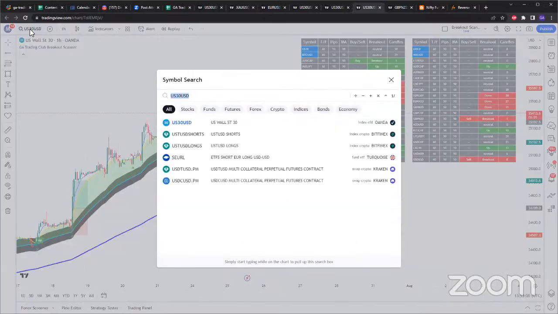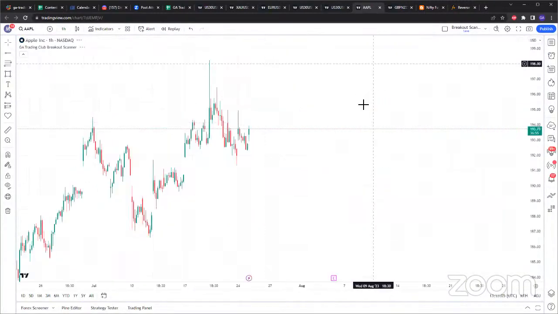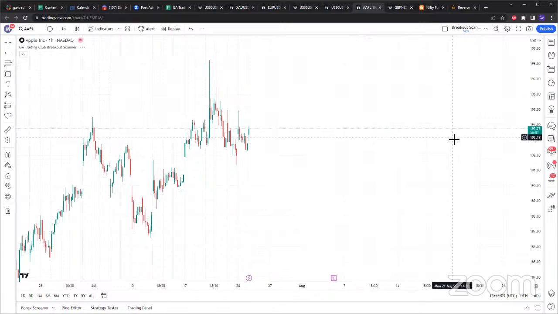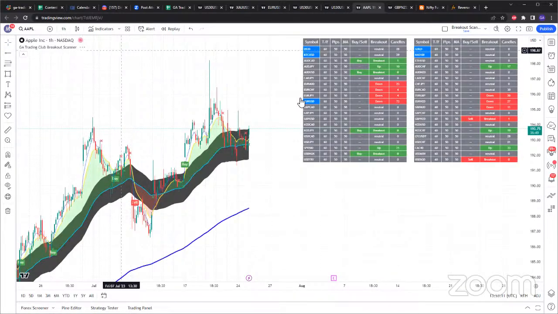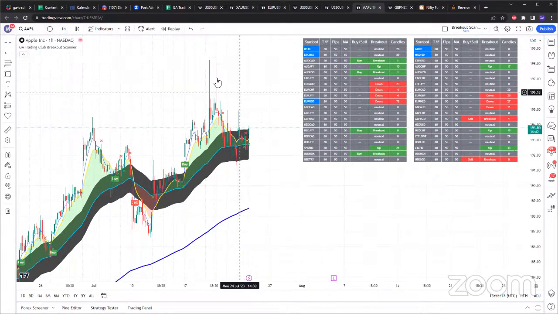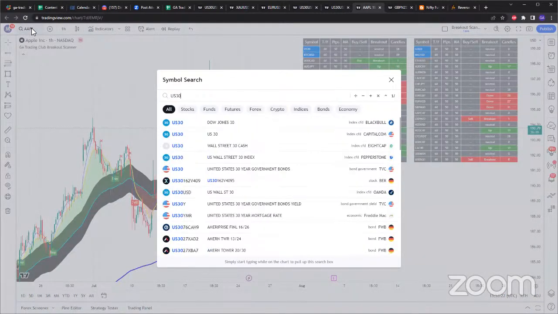So let's just assume I change this to Apple, even the Apple stock. Those 4 buys should still remain, and those 2 sells should still remain. See, there you go. So 4 buys and 2 sells. So the signals you get here are dependent upon the time frame and not the instrument. But I just wanted to clarify that.